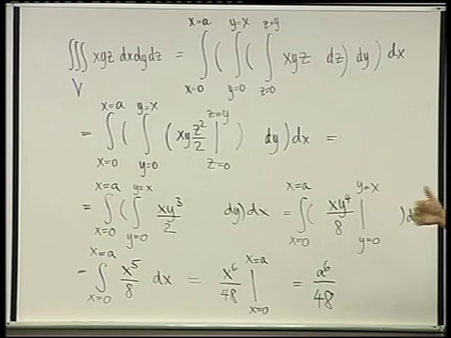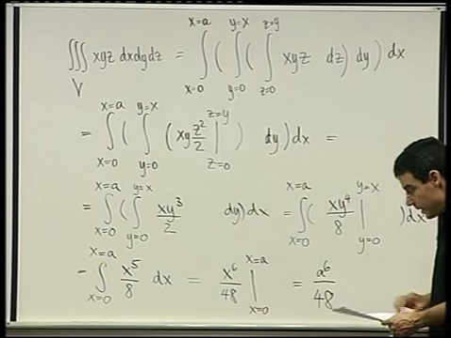Okay? So it's important to do them in the correct order, and solving them is just being careful about which variable you're doing at every step. Okay? Good, everybody? Okay.